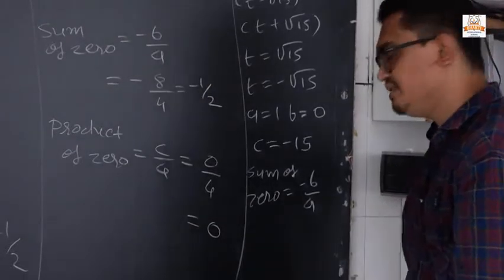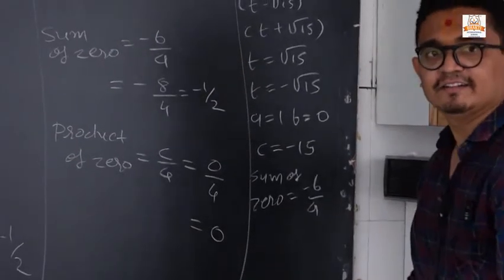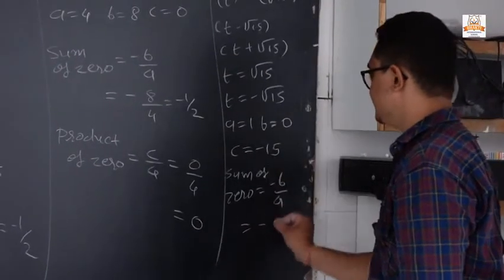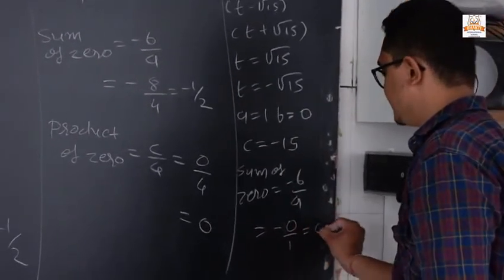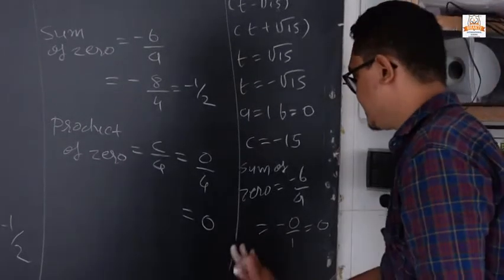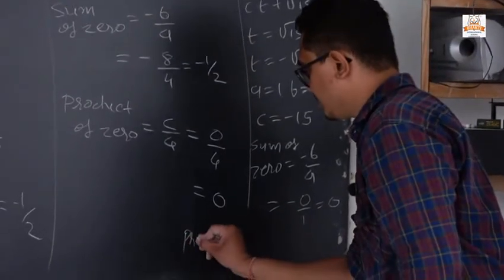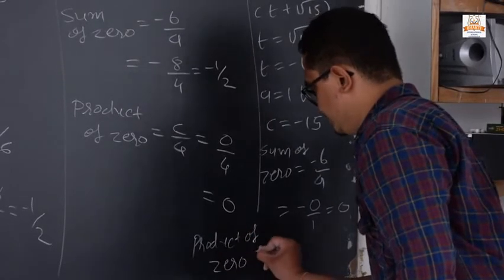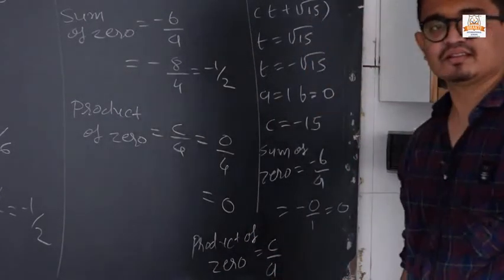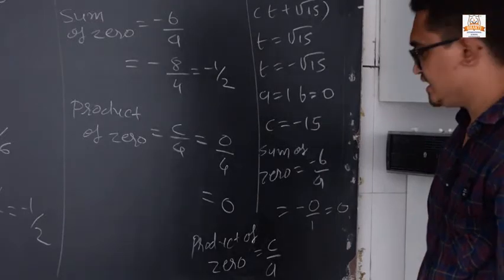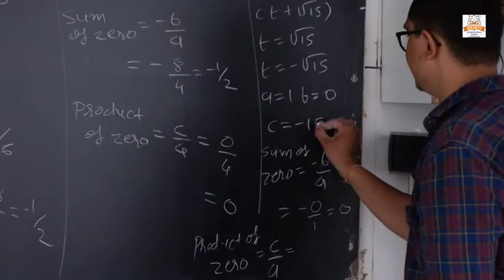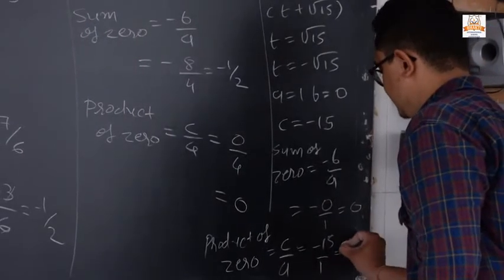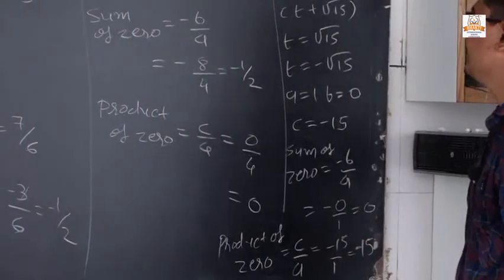What is the value of b? 0 upon 1, so the answer is 0. And last, product of zeros is equal to c by a. What is c? Minus 15 upon 1, so the answer is minus 15.